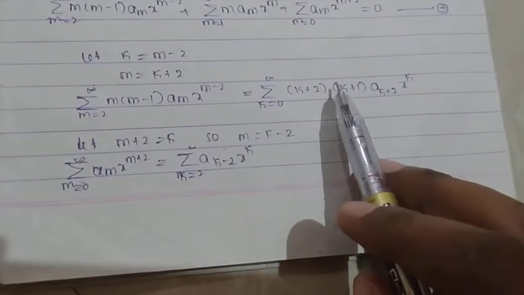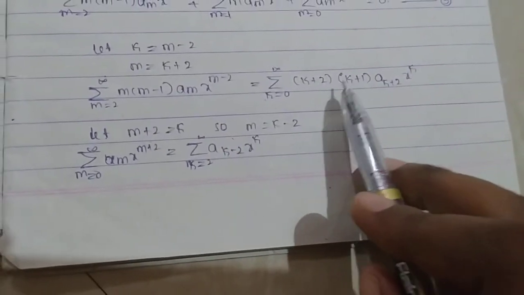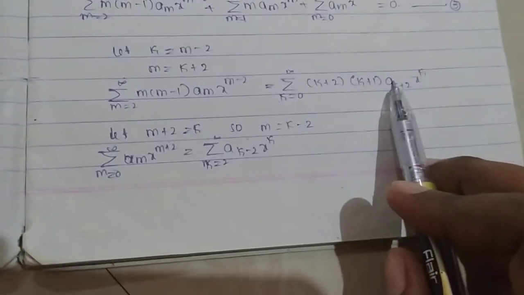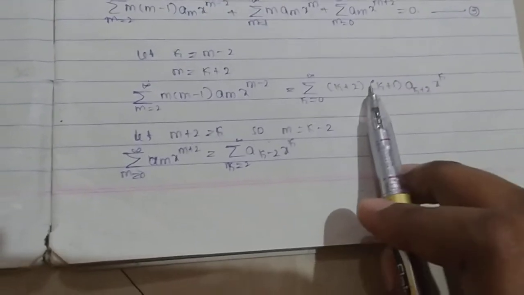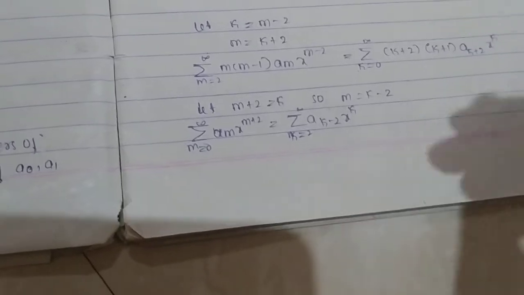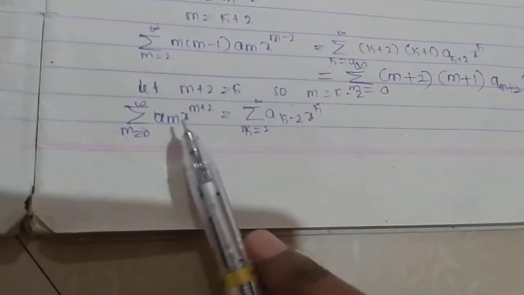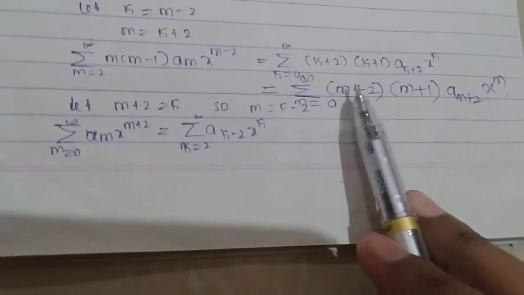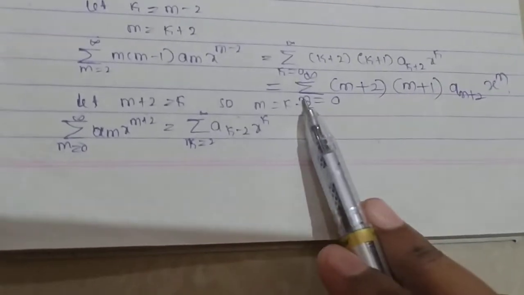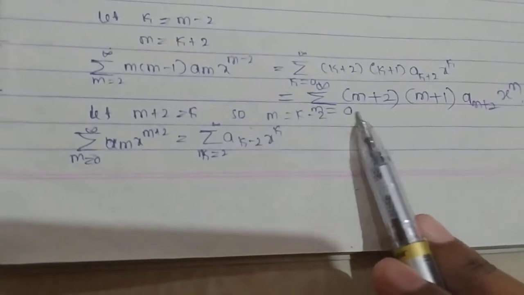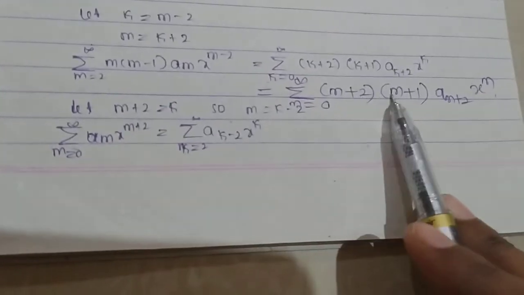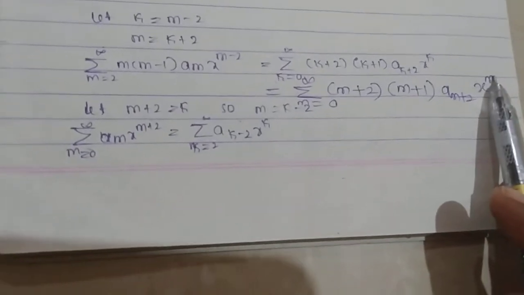And I replace k by m. After replacing k by m, my expression becomes summation m equal to 0 to infinity (m plus 2)(m plus 1) a_(m plus 2) x^m.